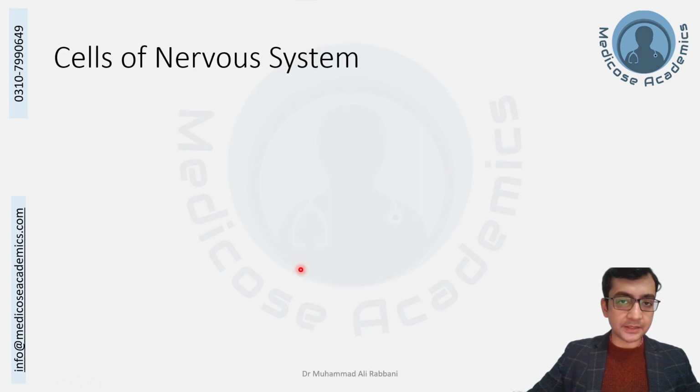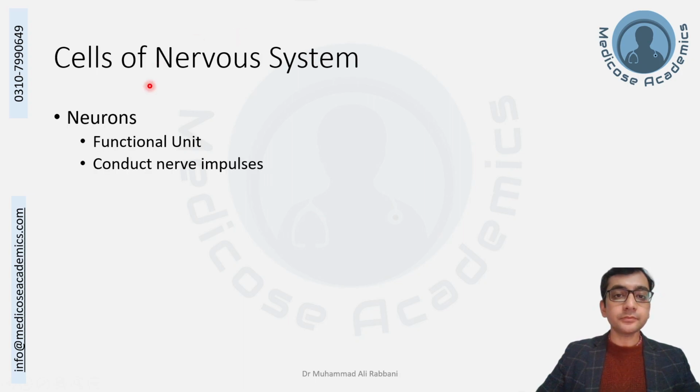Let us talk about the cells which are present in this system. This is the main cell, the one that is creating all the fuss. This is the functional unit of the nervous system. It is the one that is conducting the nerve impulses, carrying the information from one part to another part.